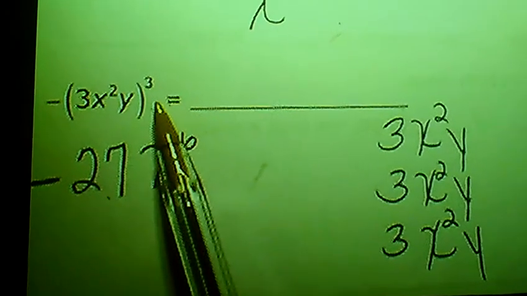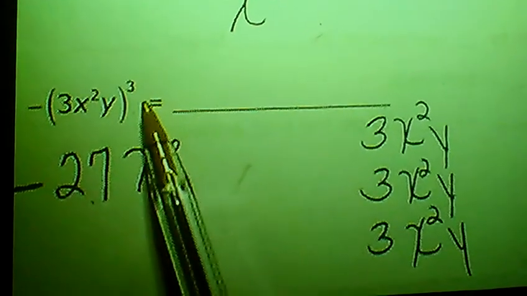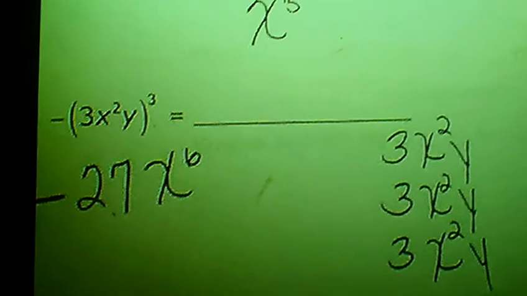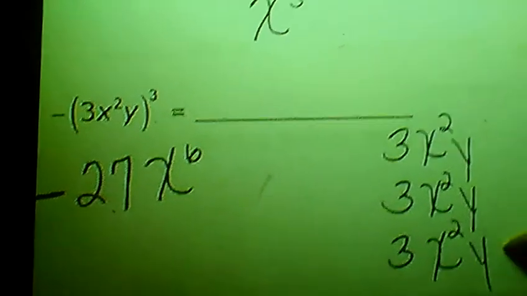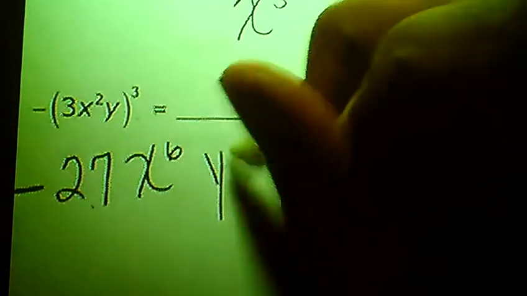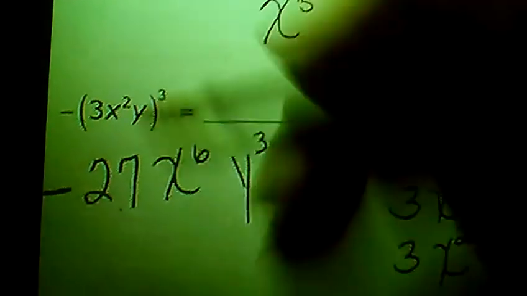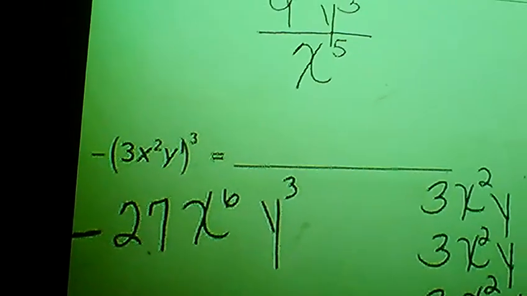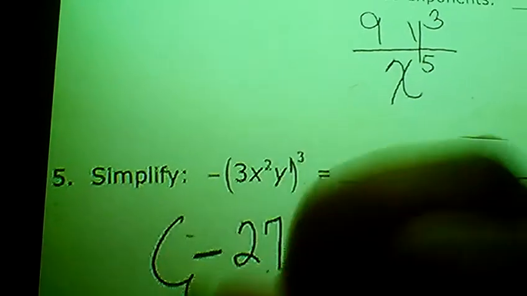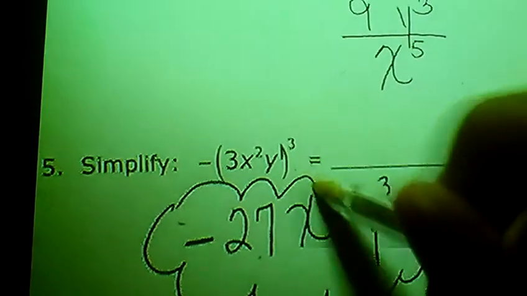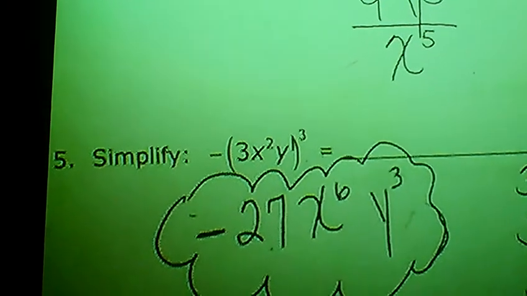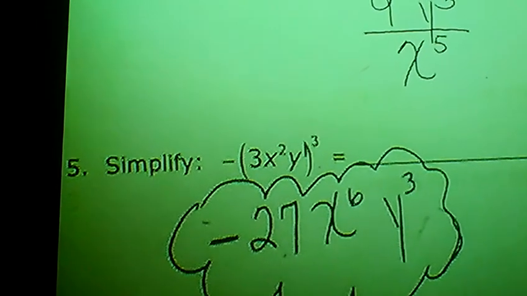We multiply the powers when we raise a power to a power. Y times y times y gives me y to the 3rd power, or y to the 3 times 1, and this is an imaginary 1. We don't see it, but we know it's there. So our simplified answer would be negative 27, x to the 6th power, y to the 3rd power. Problem 6.